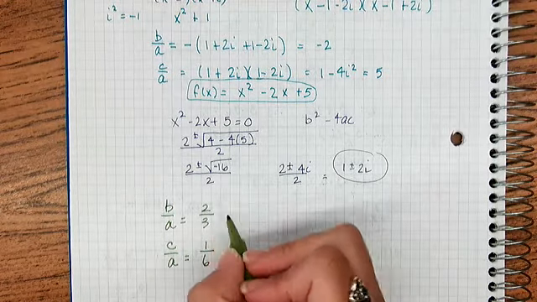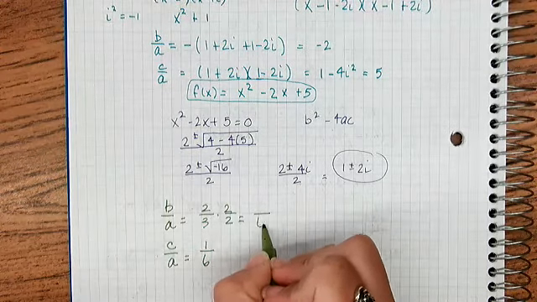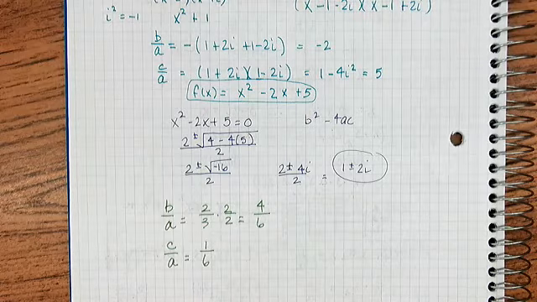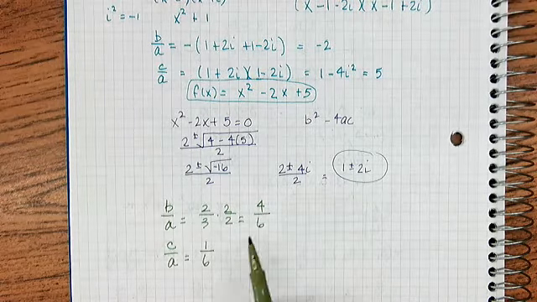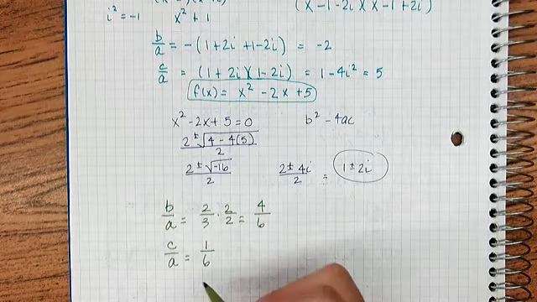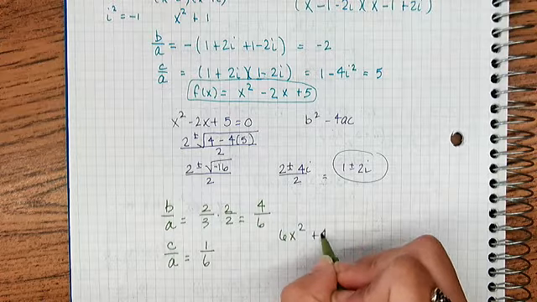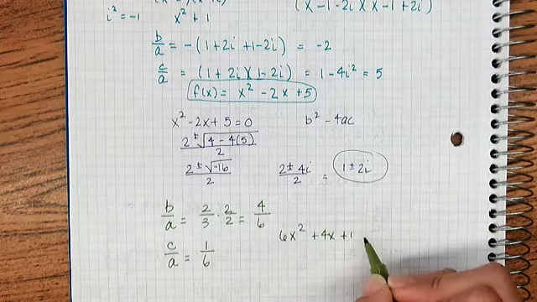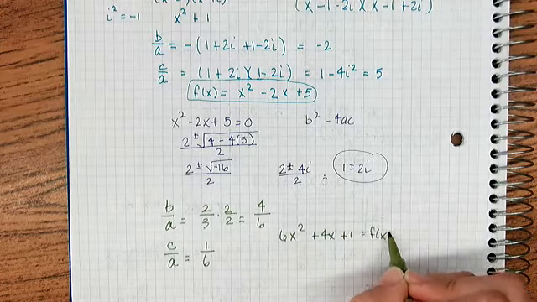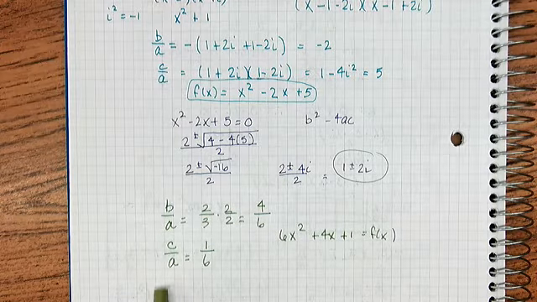So you need to multiply this by 2 over 2 to get the common denominator. Now a would be the same. So whatever this is, 6x squared, a is 6, b is 4, c is 1. That's how you would do it if, for whatever reason, the denominators weren't the same.